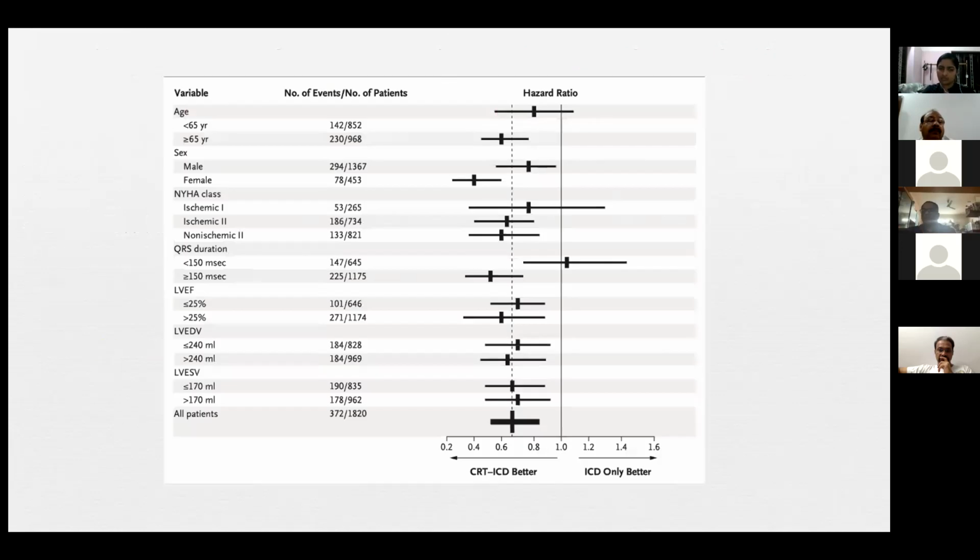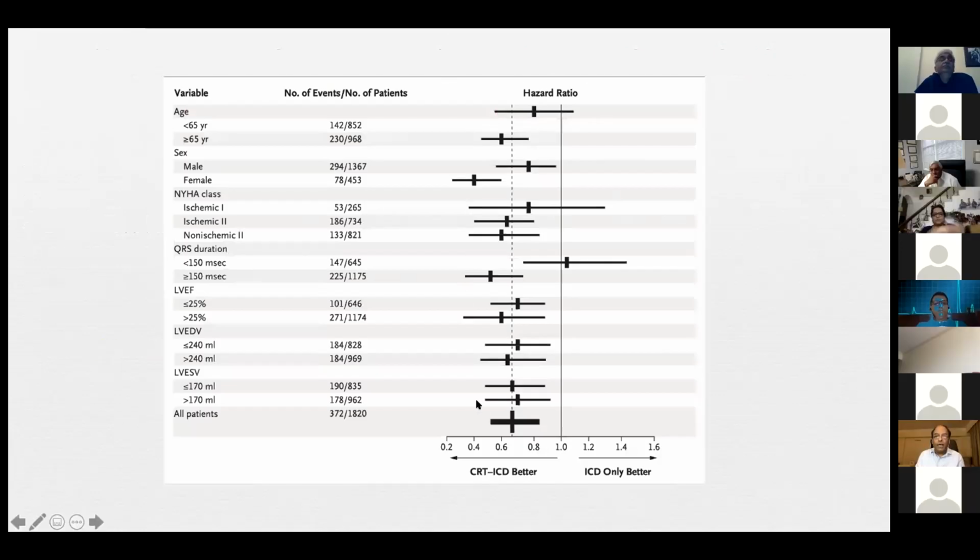And in a typical paper, you find this kind of graph where you see, in all patients, the point estimate and the confidence intervals, and then they do subgroup analysis, and for different subgroups they will show you the exact confidence interval and the point estimate. So then you can make your interpretation of whether it was effective.